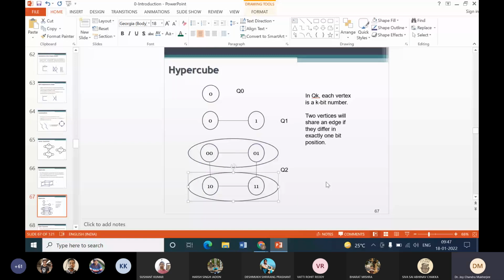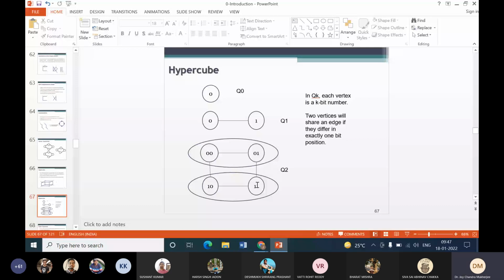So here this is 0 1, taking the least significant bit. This is also 0 1. Then to create Q2, take a copy of Q1 here and a copy of Q1 here; prepend 0 to one, and prepend 1 to the other. So 0 0, 0 1 and 1 0, 1 1, and you connect them.